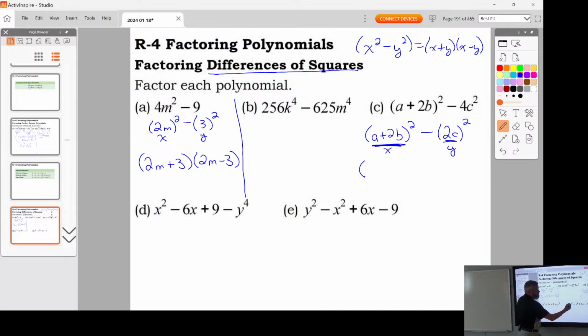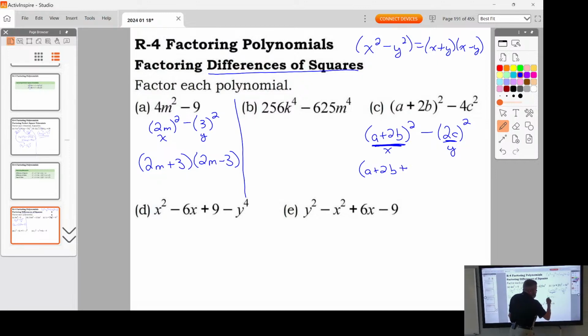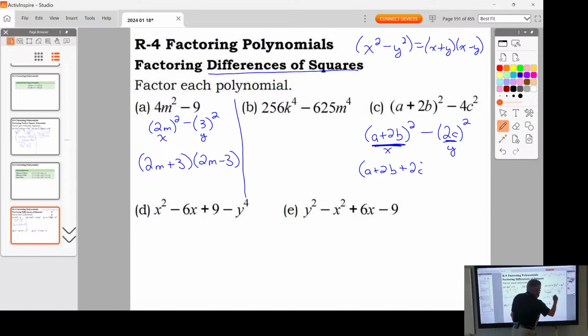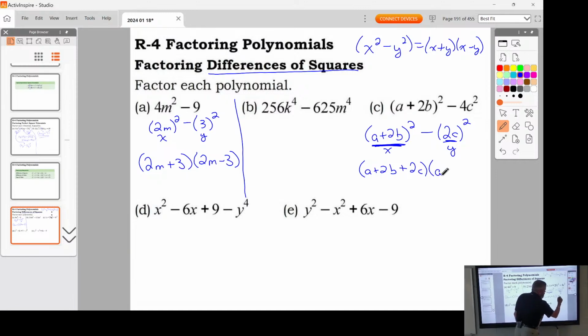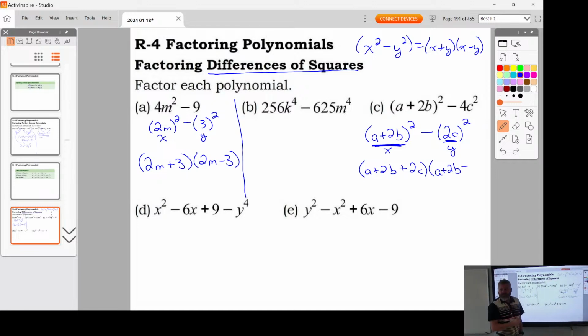What's x? a plus 2b. Plus, what is y? 2c. Times, what is x? a plus 2b. Minus, that's what the rule says, what is y?